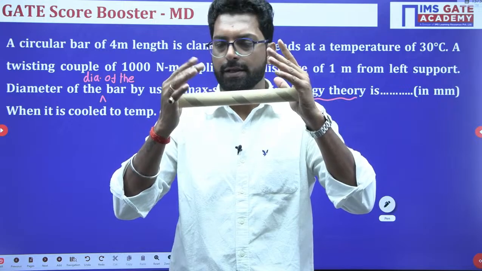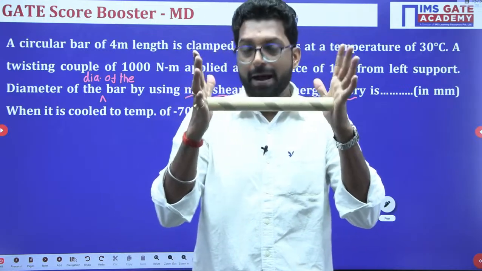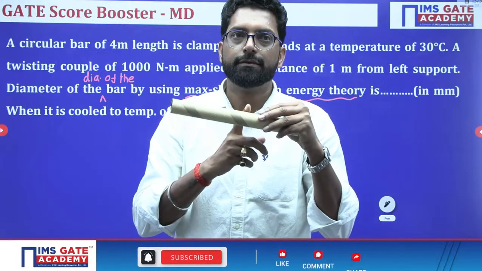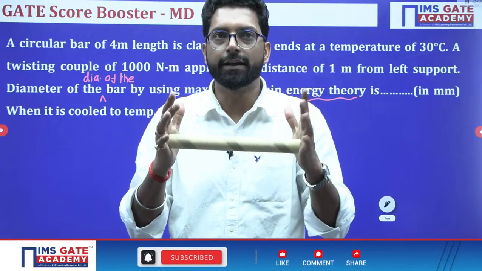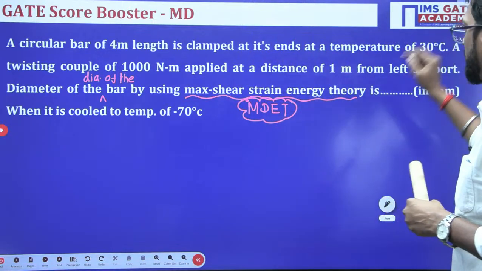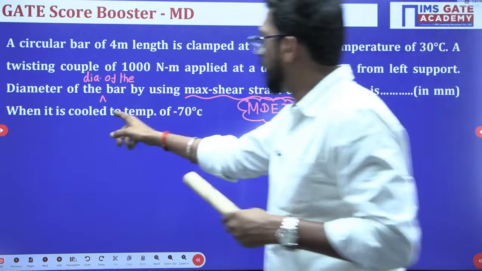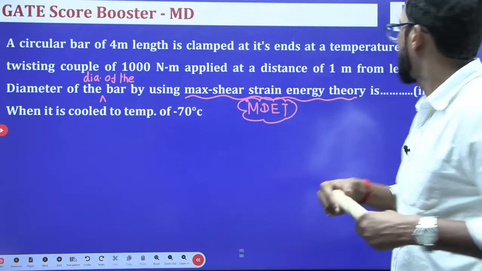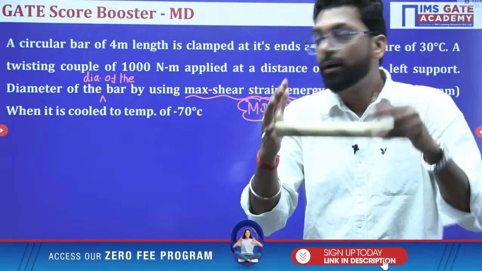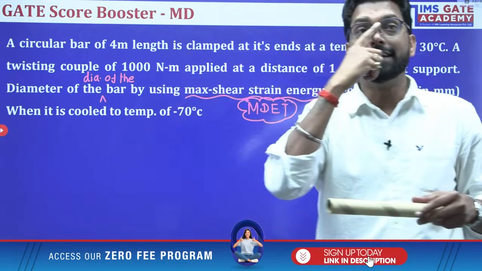Number two, in the bar there are two things. The first one is the temperature variation. The temperature of the bar will vary. It is 30 degrees initially, and it is cooled to a temperature of minus 70 degrees.